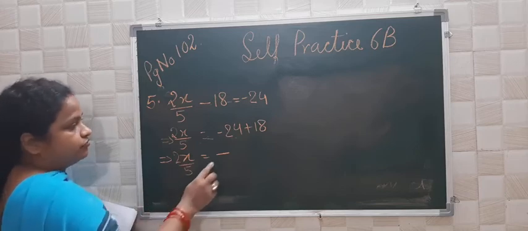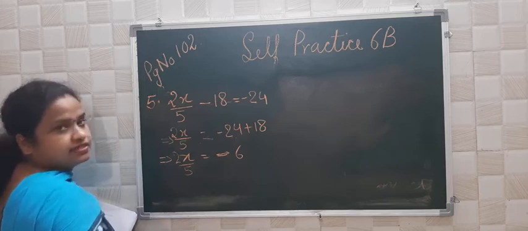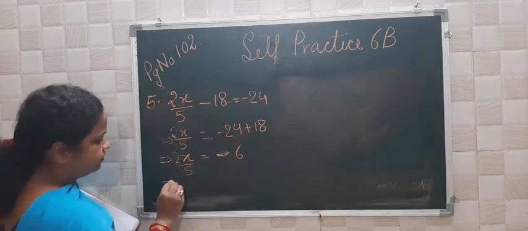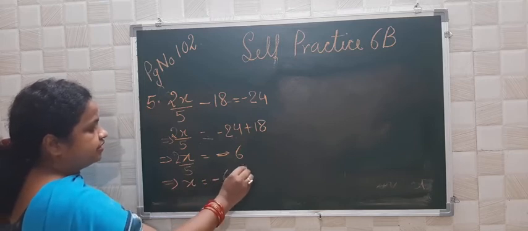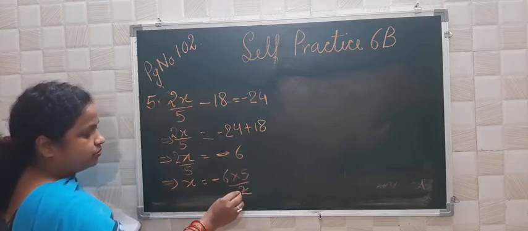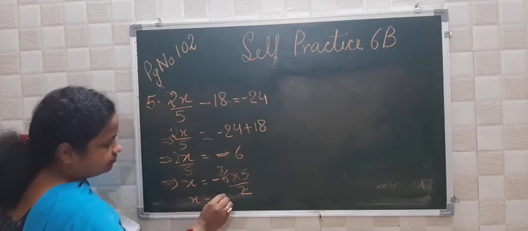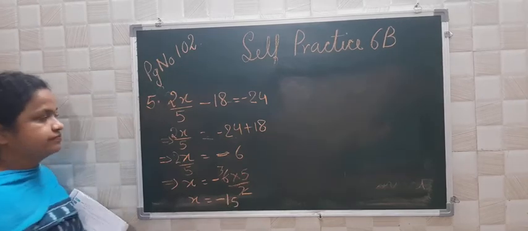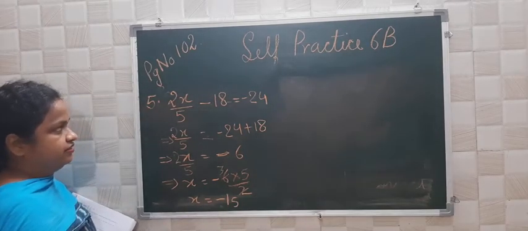What you will have? 24 minus 18, 6, minus 6. So now here x will be minus 6 into 5 upon 2, and 2 you will cancel it by 3. x is equal to minus 15. Okay? x is equal to minus 15.